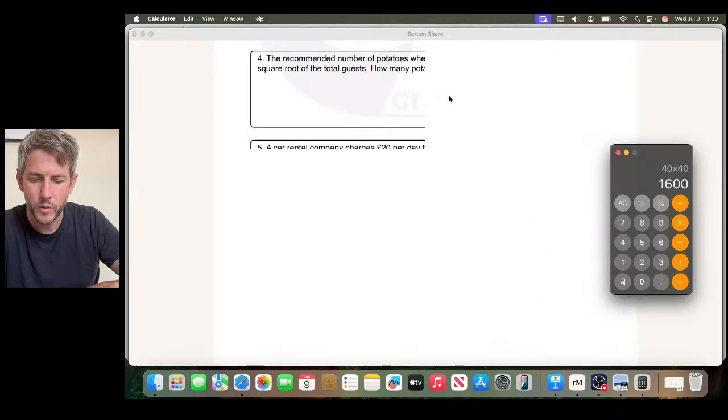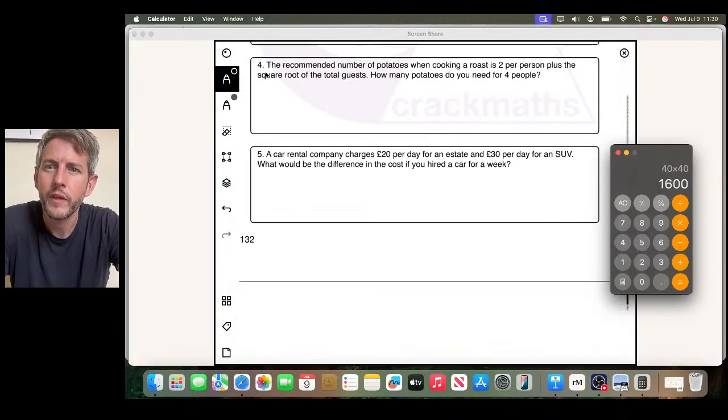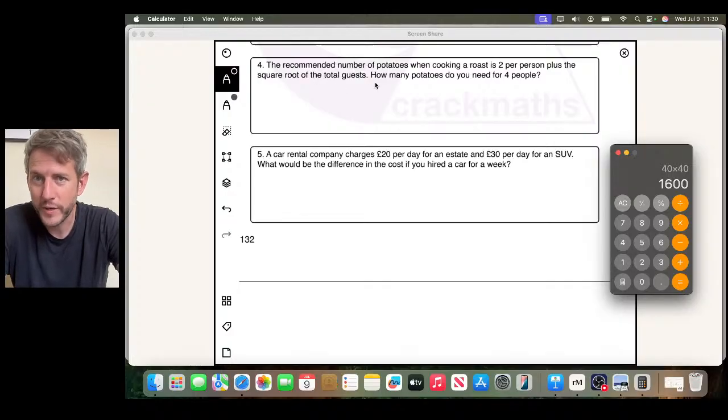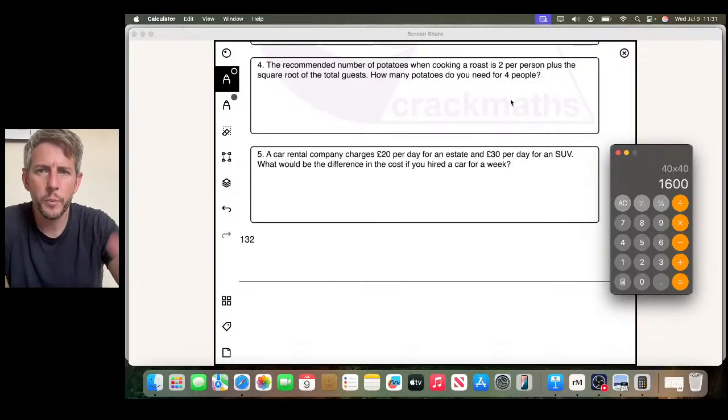Right, okay, question 4. The recommended number of potatoes when cooking a roast is 2 per person plus the square root of the total guests. How many potatoes do you need for 4 people? Okay, so 2 per person, there's 4 people, plus the square root of the total guests.